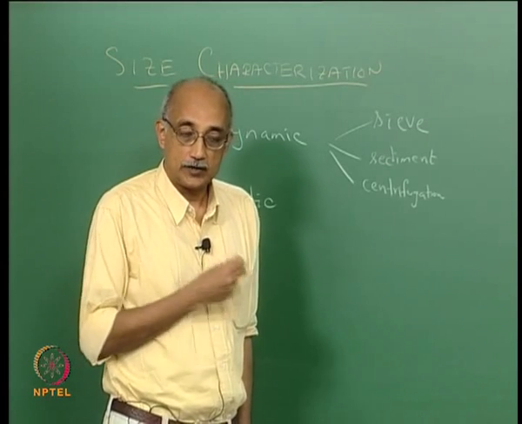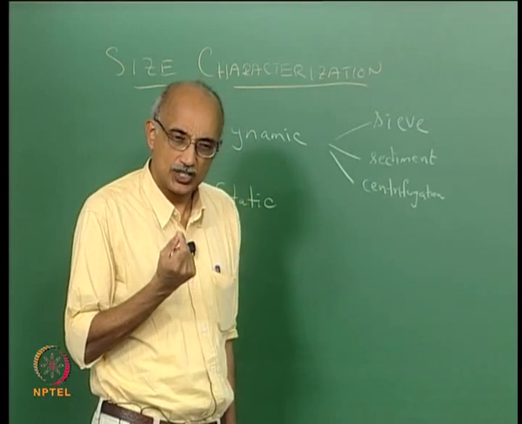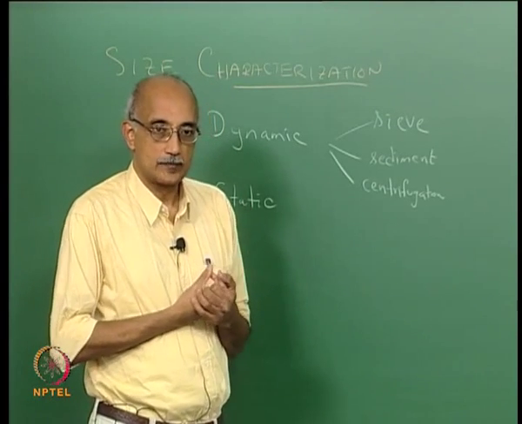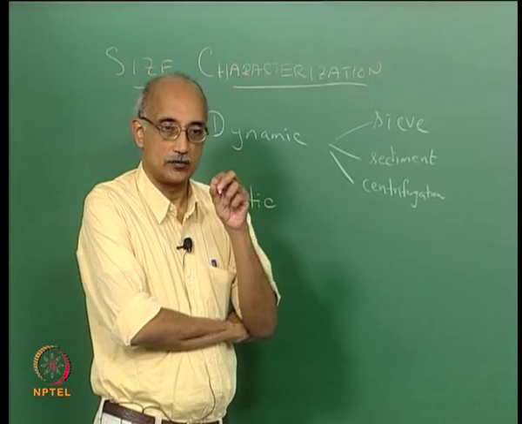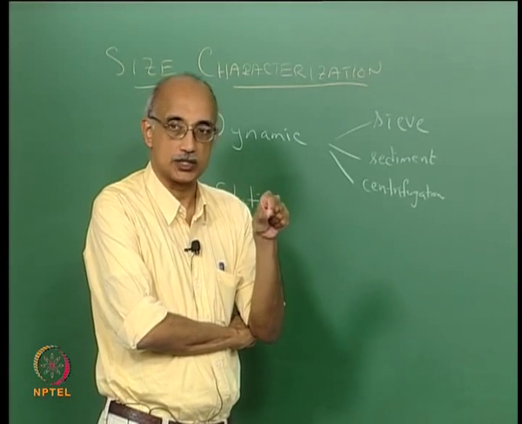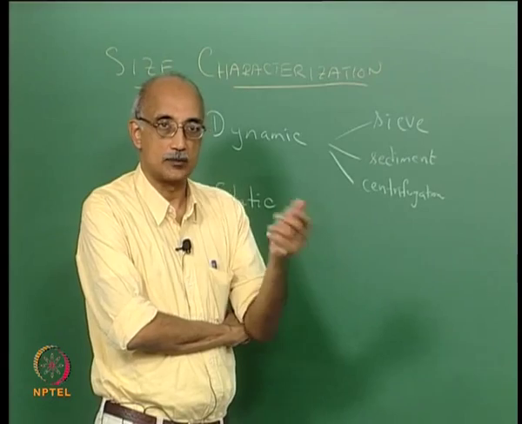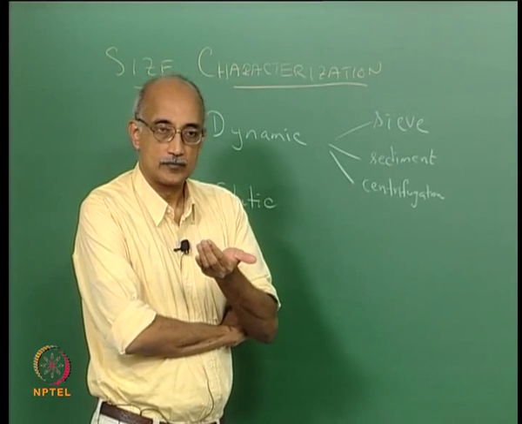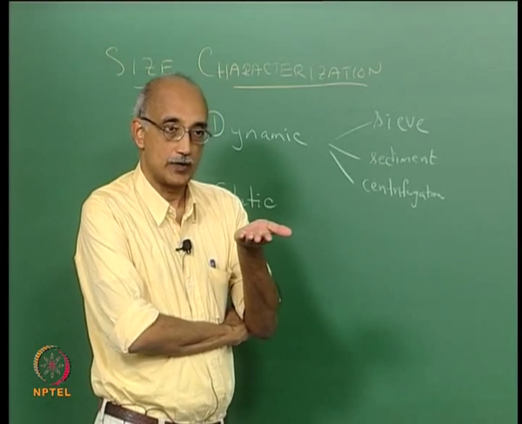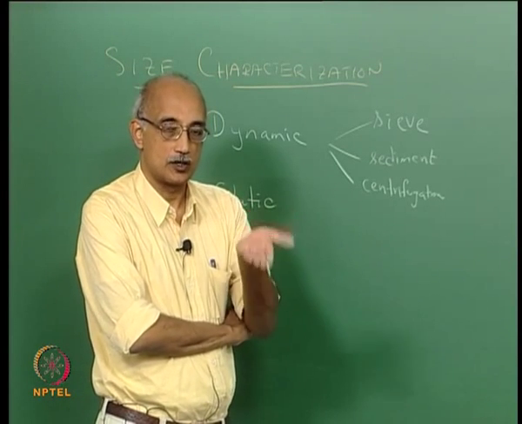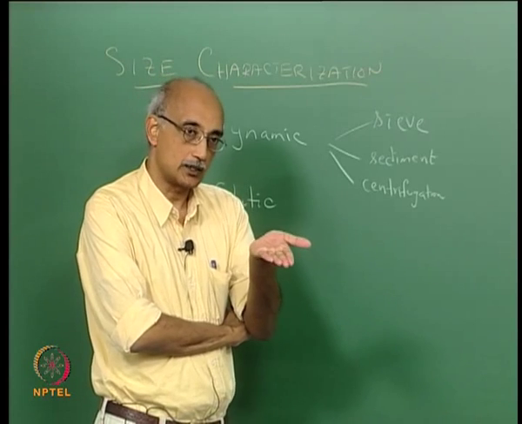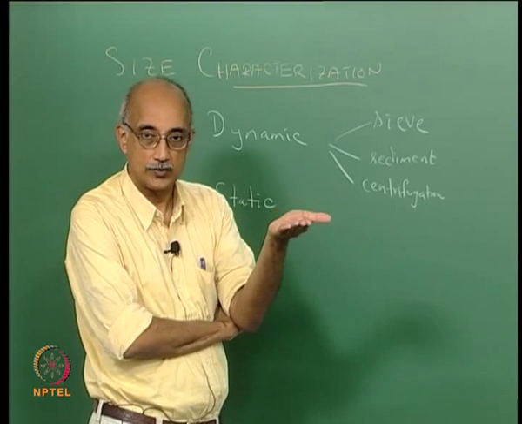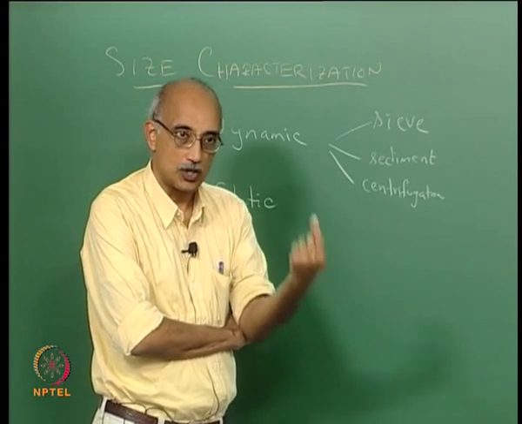The third difficulty with the sieve analysis is that it is very shape dependent. For example, if you have perfectly spherical particles, then no matter in which direction or in which orientation the particle approaches the sieve, the sieving efficiency will be the same. However, you can imagine that if you have a highly elongated particle, then the probability of whether it is going to get caught in a particular mesh or pass through will depend almost entirely on whether it approaches that mesh in a horizontal or length configuration or in the shorter configuration.